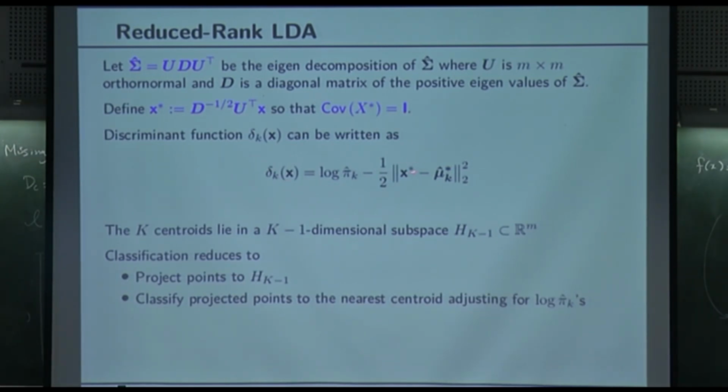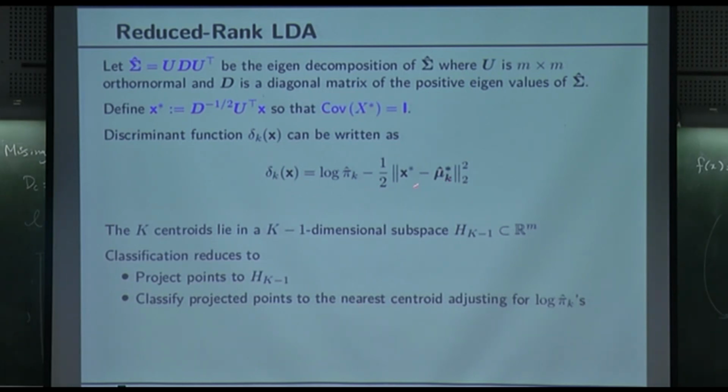When you look at this function, it becomes actually very trivial. We want to look at the centroids mu hat k. Whenever I find a point x star, I really want to classify it to the closest mu hat k, except that I have this complication of log pi k coming from there, which I have to worry about.